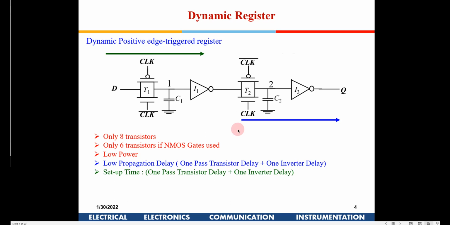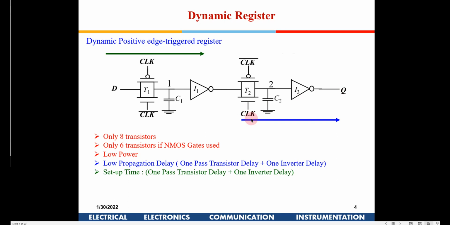The way we have defined propagation delay is that we expect D to be stabilized before the setup time of arrival of the positive edge of the clock, and we define the propagation delay as the time taken for the output to stabilize from the rising edge of the clock.